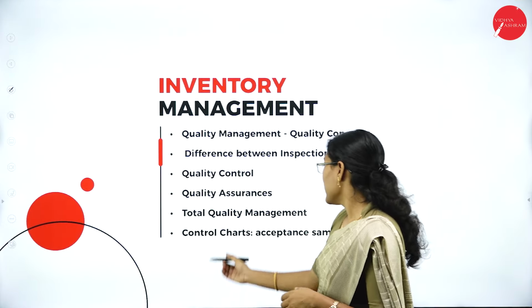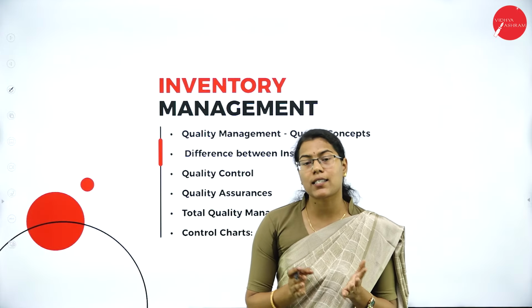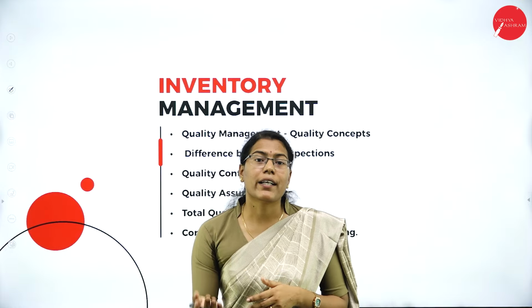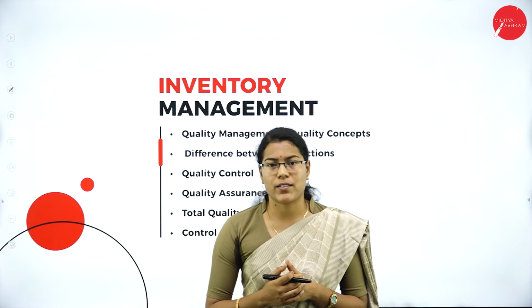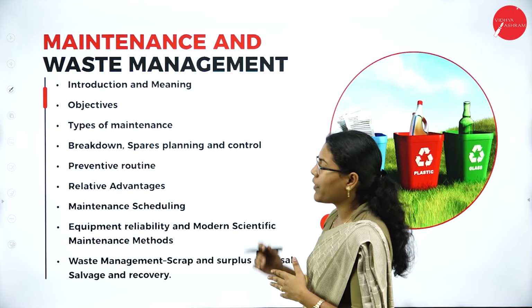Finally, control charts and acceptance sampling. These are statistical sampling methods used to either accept or reject the sample of products produced in a batch. So module number 5 is maintenance and waste management.